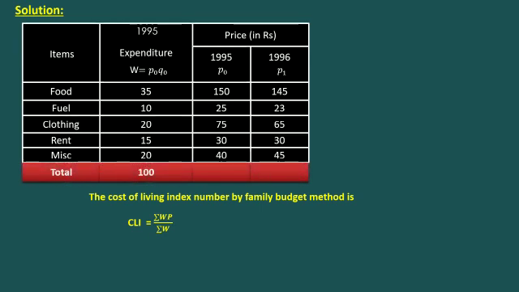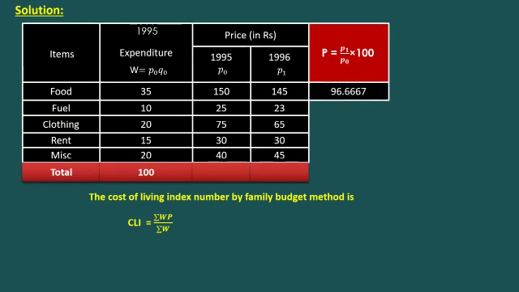Now let us calculate P, price relative, and then WP for each of the items. Price relative is given by the formula current year price divided by base year price into 100. So for the first item, that is food, we compute price relative, that will be 145 divided by 150 into 100, we get 96.6667.